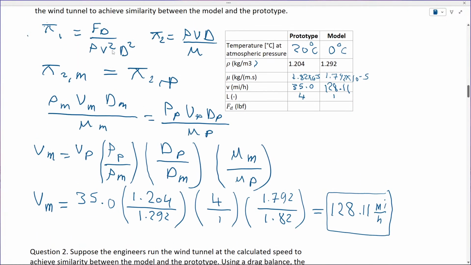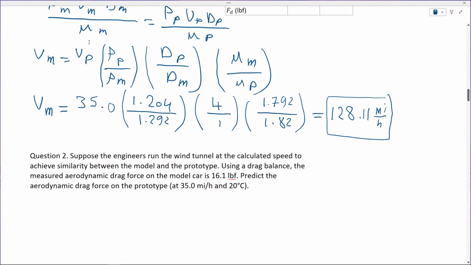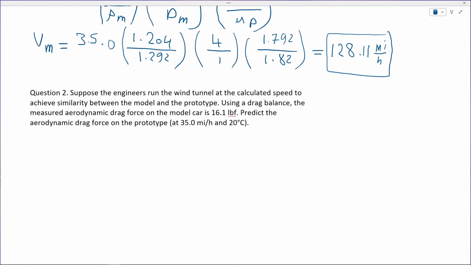So here, from this one, we can calculate the drag force from pi1. So pi1 will be the drag force over rho v square L square.